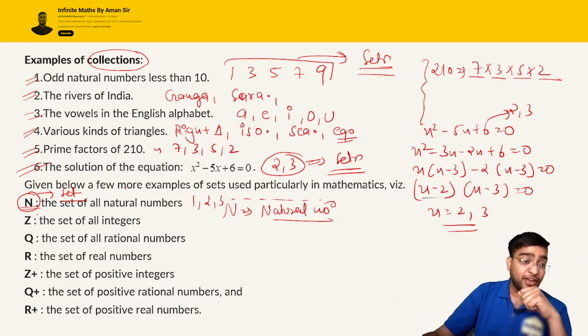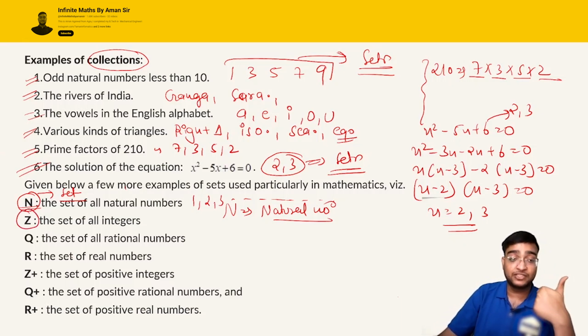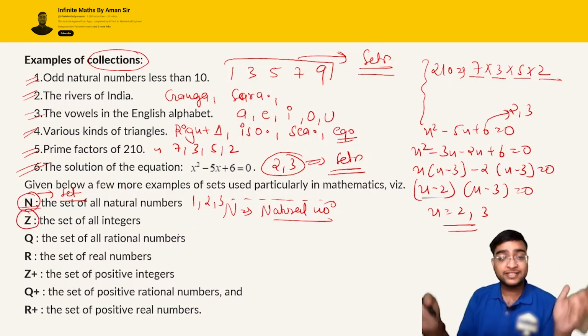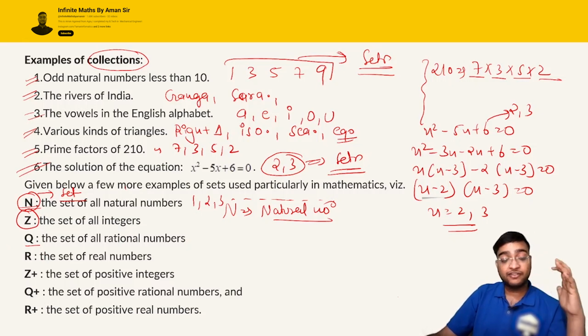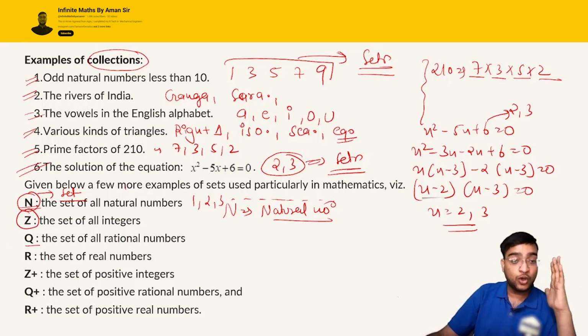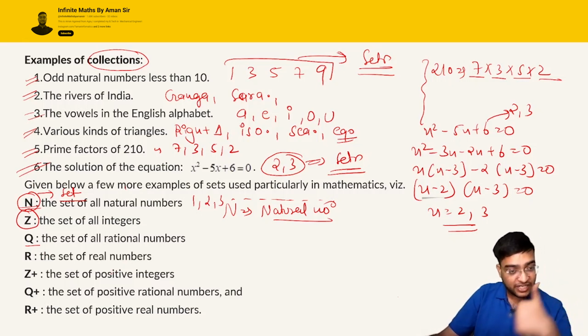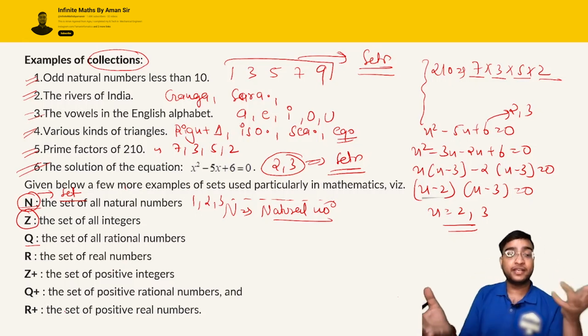Z is the symbol for the set of all integers, so the collection of all integers is also called a set. Q is all rational numbers, which you already know are of the form p by q, and the collection of all rational numbers is a set.